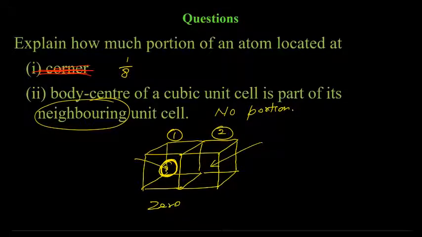Here it is 1 by 8, correct. Because if it is like this, it will be 1 by 8 in one unit cell, 1 by 8 in another unit cell, 1 by 8 in another unit cell. So there will be 7 neighboring cells total, and each will share 1 by 8. But in case of body center, no part will be in neighboring cell.